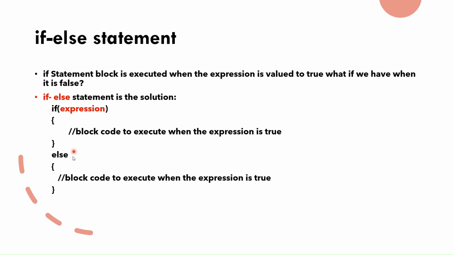If it is false, then it will come to else and execute this block of code. If the expression is true, it will execute the block of code and ignore the else block, and then we'll go to the next line. Whereas if it is false, then it will ignore the if block and come to the else block of code.